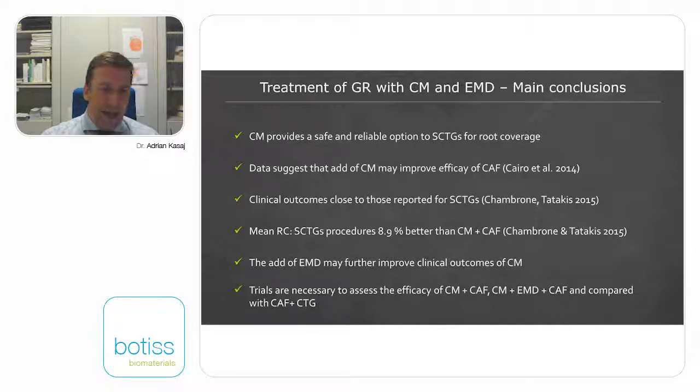On the other side, we need good randomized controlled clinical trials to assess the efficacy of the collagen matrix in combination with the coronally advanced flap. Also the combination of the collagen matrix with Emdogain and the coronally advanced flap, and the comparison with the gold standard, which is the coronally advanced flap with the connective tissue graft.